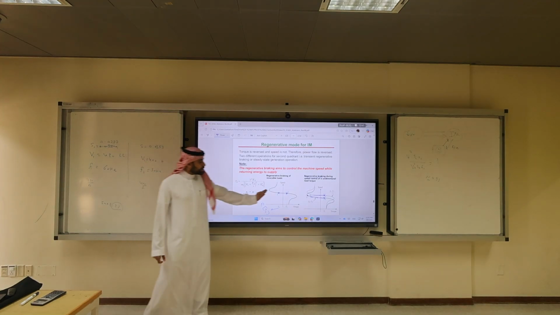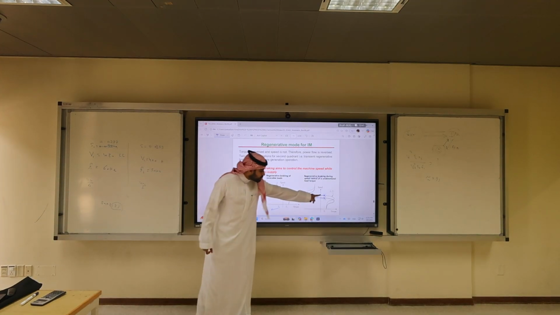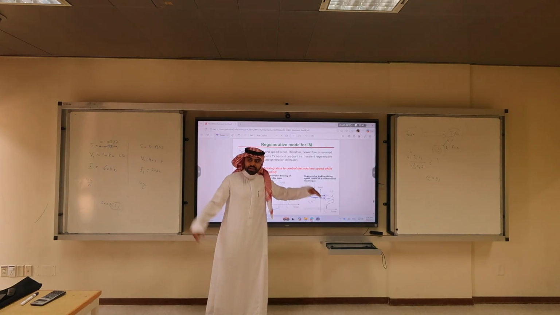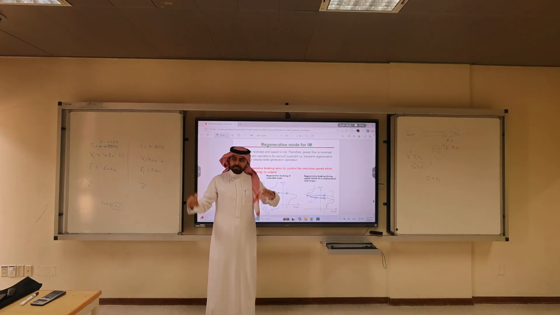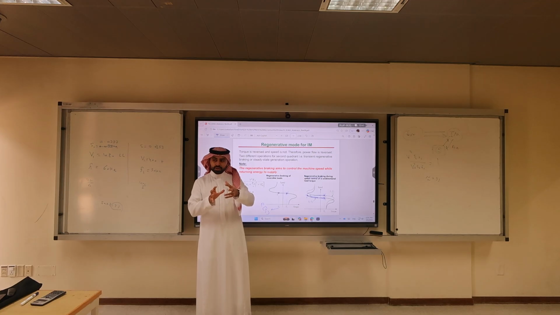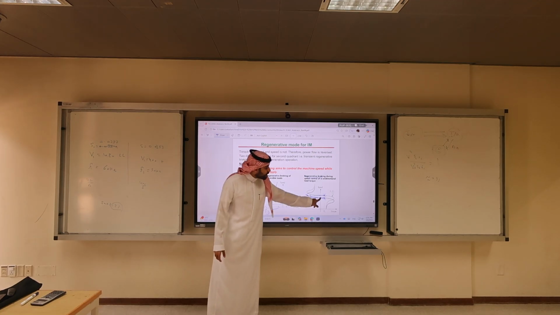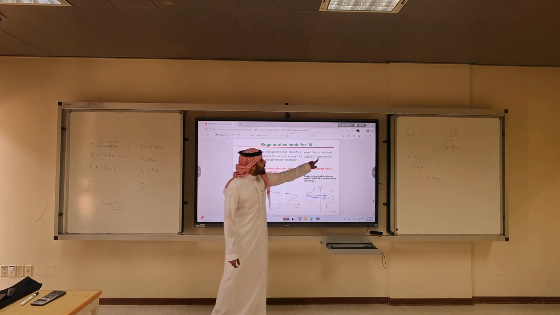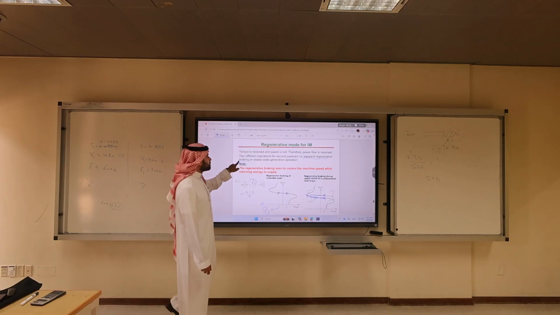Remember, it will not settle here. It will go all the way here. If I change V over F, suddenly I'm going to operate here. We will have opposite torques between the load and the motor, and then it will drive myself back to stability at 3. So this is only transient. This is transient regenerative braking.